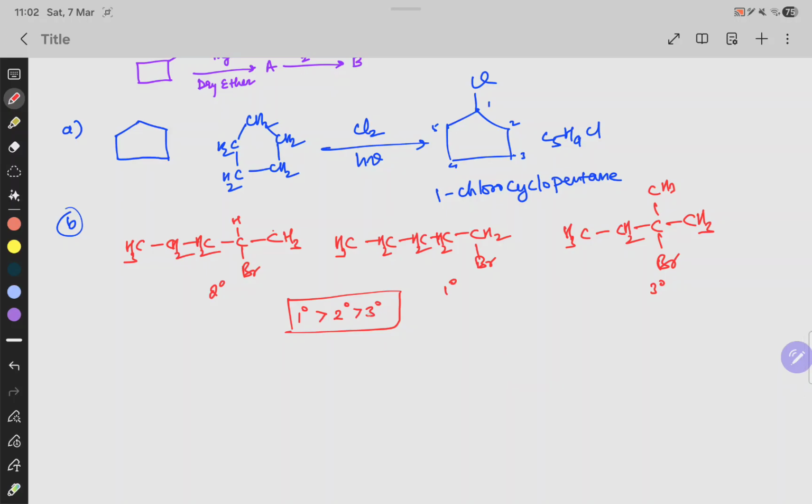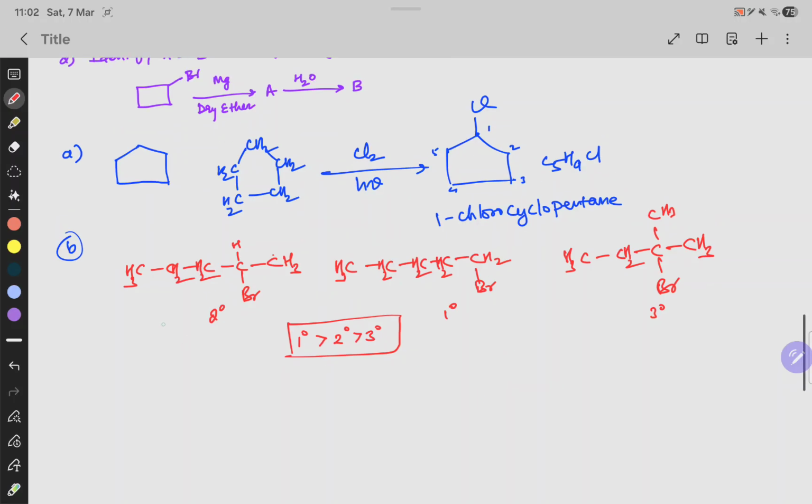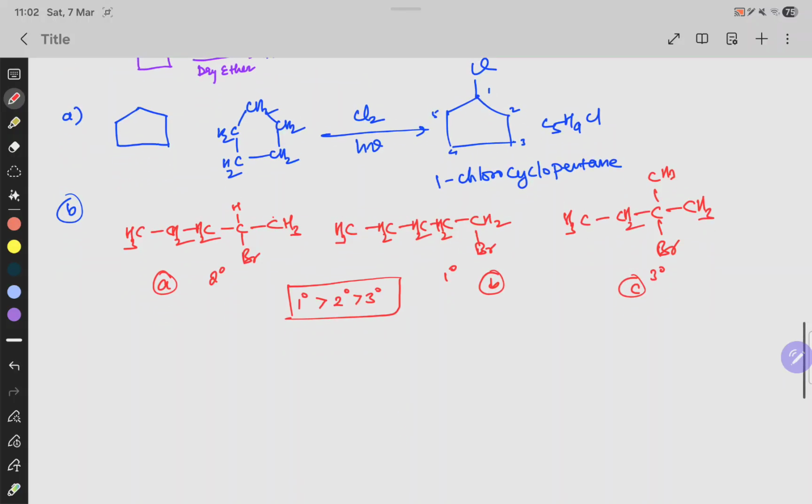We can give the labels, this is A and this is B and this is C. So the least will be 3 degree, meaning C has the lowest reactivity, then A, then B. So this will be the increasing order of reactivity.